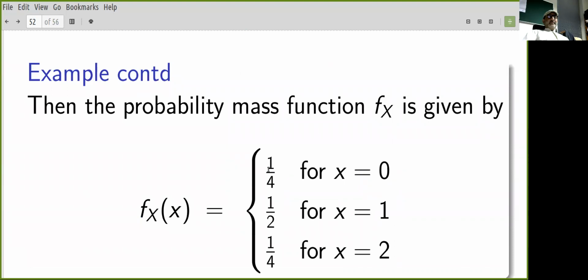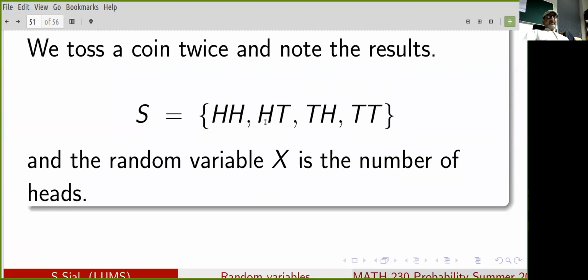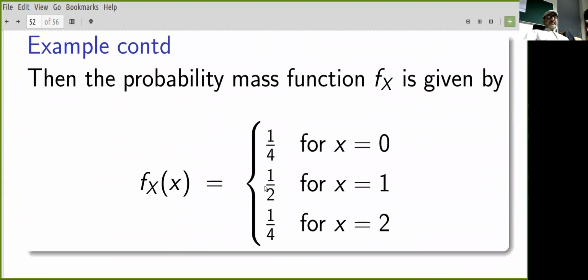So the PMF takes the value 1/4 for x equal to 0. For x equal to 1, one head means two outcomes out of 4 equally likely outcomes. So for x equal to 1, the PMF takes the value 1/2.